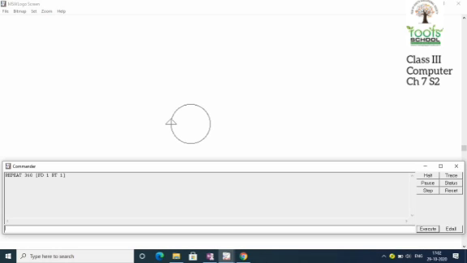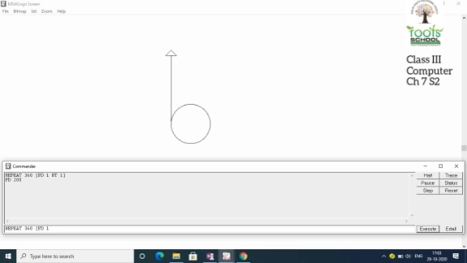Again I will move it in the upwards direction. So I am going forward by 200. So it will go up. Now again from here I want to make one more circle. So I am writing over here repeat 360 and forward 1.